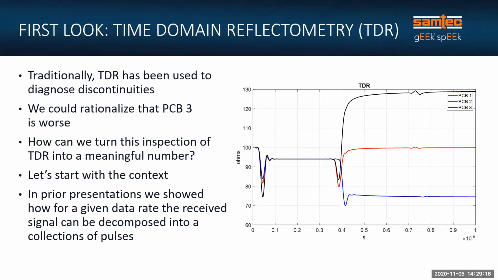That PCB3 is worse. I can see a bigger discontinuity, and PCB2 and PCB1 have a little bit of discontinuities. But let's look at this in the context of data. I mean, the whole idea is let's turn what we can see here intuitively into a number. Going back down to the next slide.